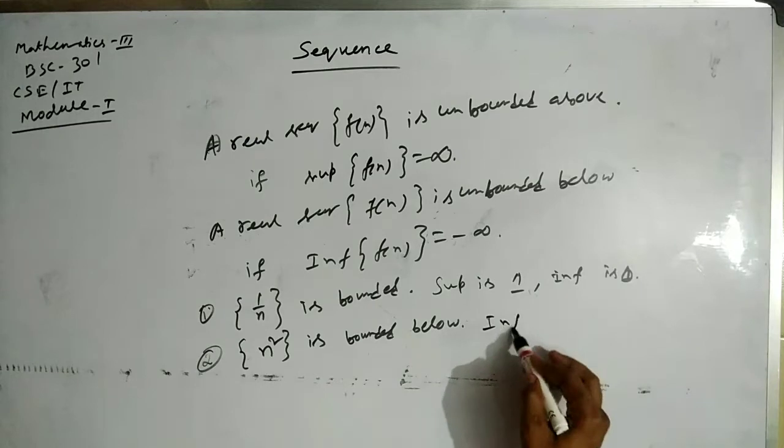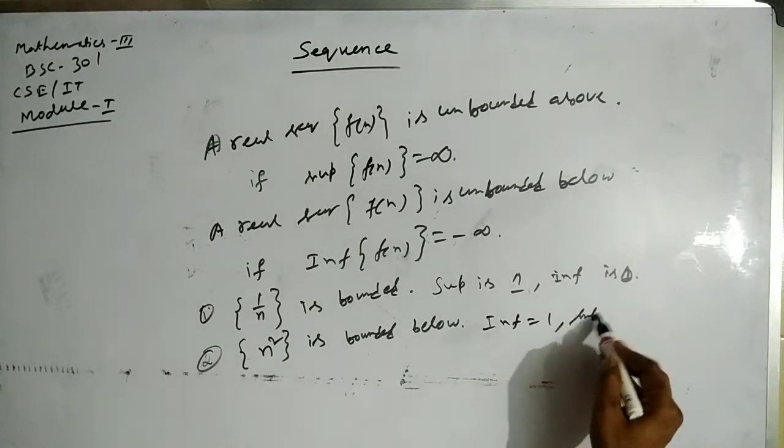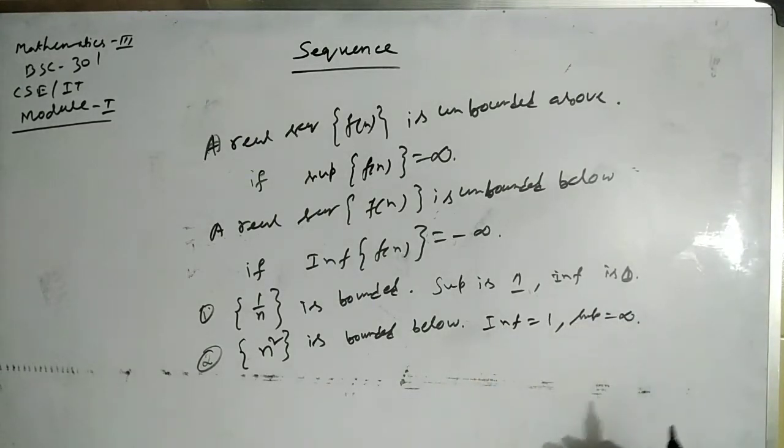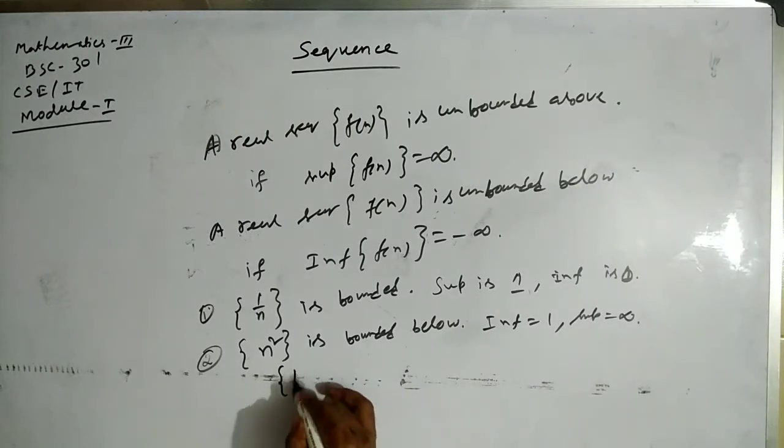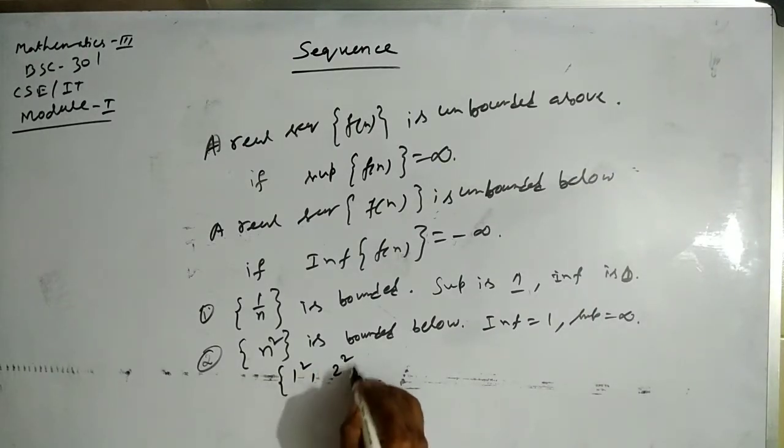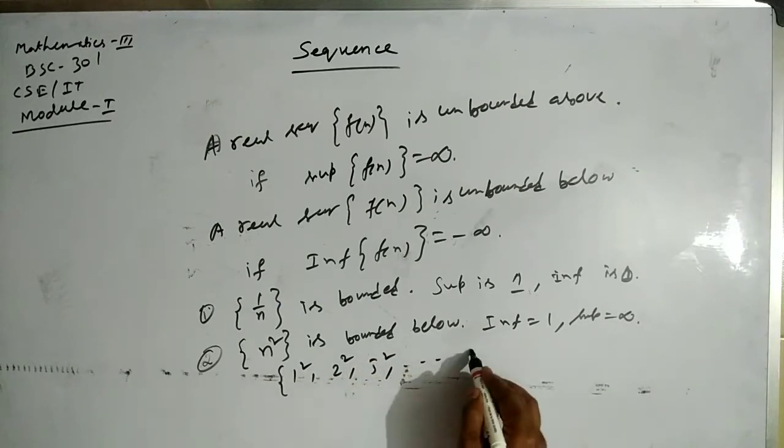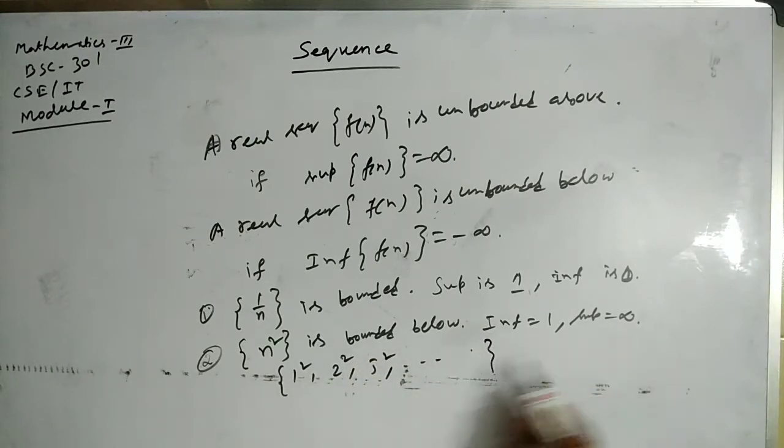If you write the elements of the sequence, first element will be 1 square, 2 square, 3 square. So it is clear that supremum is infinite and infimum is 1.